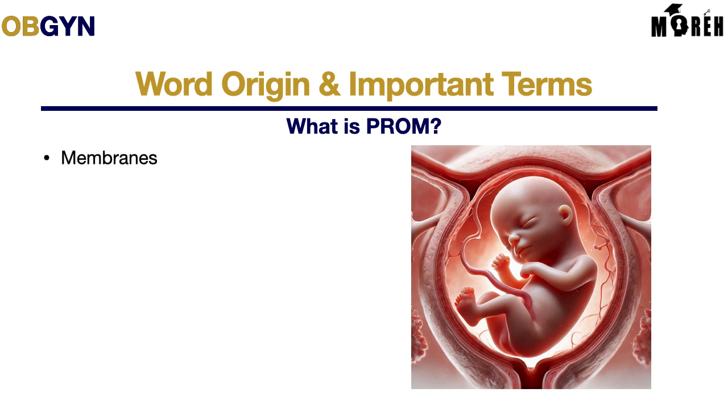Firstly, what are these membranes? Once a woman is pregnant, the fetus is in a gestational sac. This gestational sac has a membrane around it, which is called the amniotic membrane, and within the amniotic membrane you find amniotic fluid.